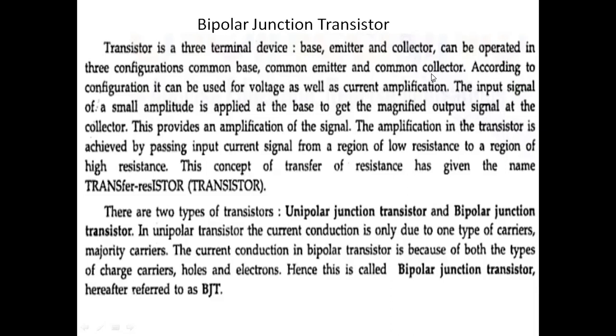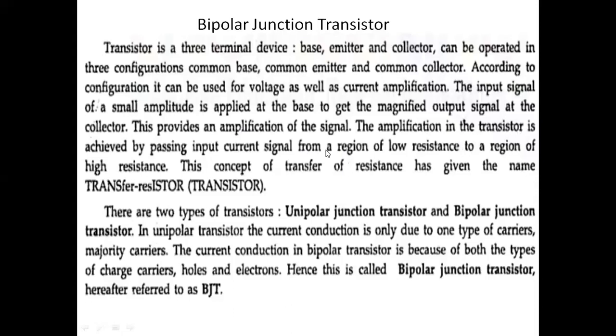A small amplitude is applied to the base to get a larger output signal at the collector. So we can get a higher amplitude at the output side. It has an input and an output.